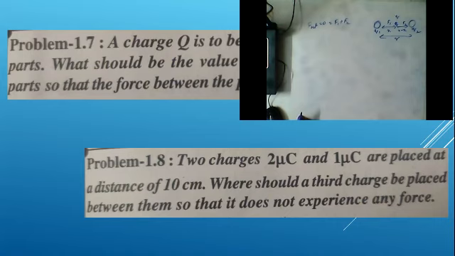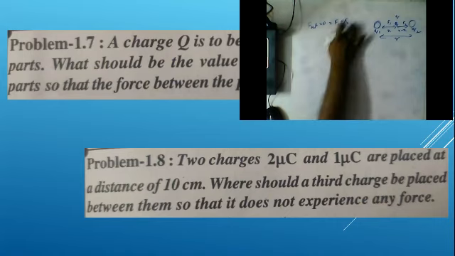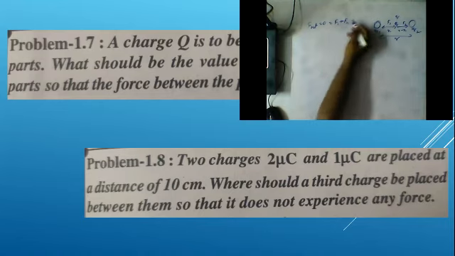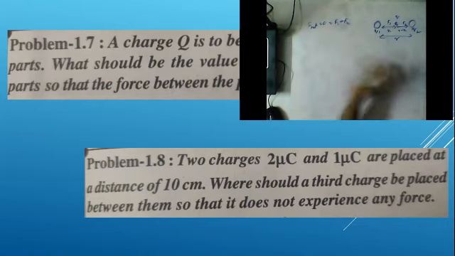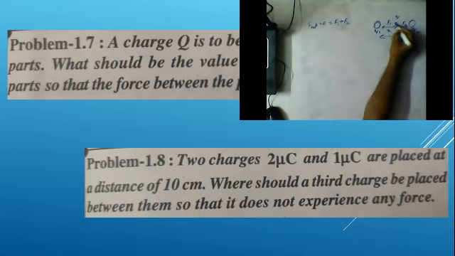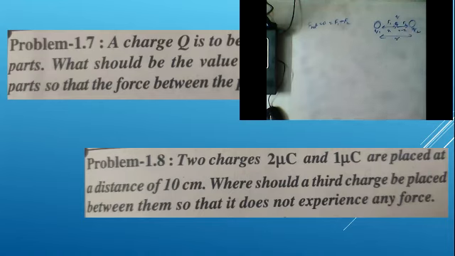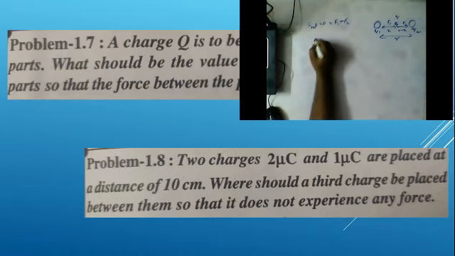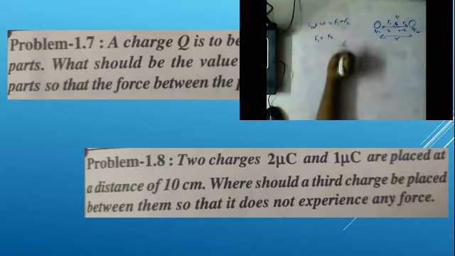Or we can write F1 minus F2, because both are in opposite directions, one in this direction, one in this direction. So one we have to consider positive, one negative. So I am writing F1 minus F2, and from this we can write F1 is equal to F2.